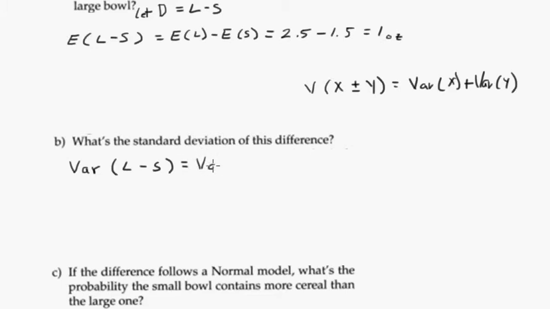So this would be the variance of L plus the variance of S. Now we also want to remember that the variance of any random variable is the standard deviation of the variable squared.